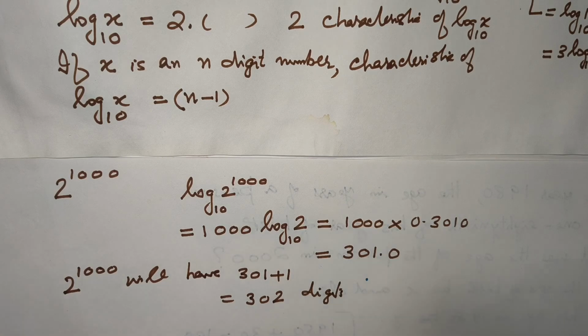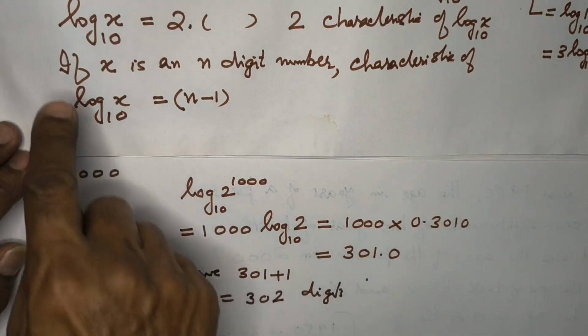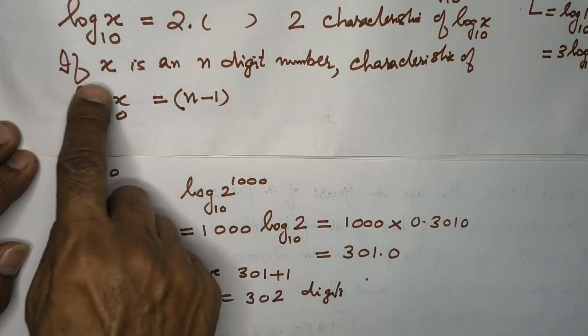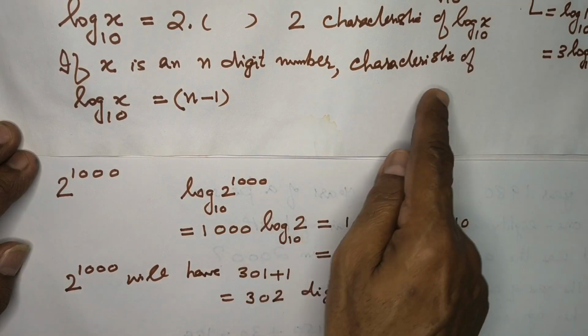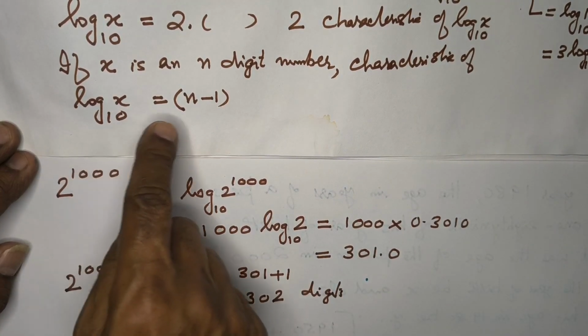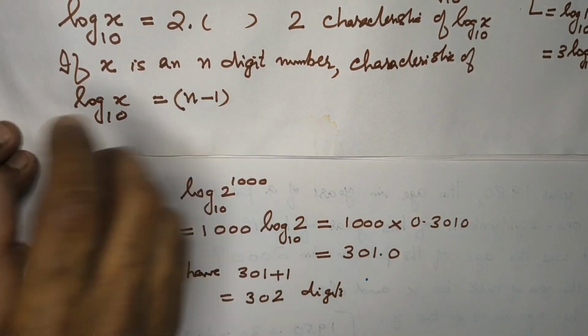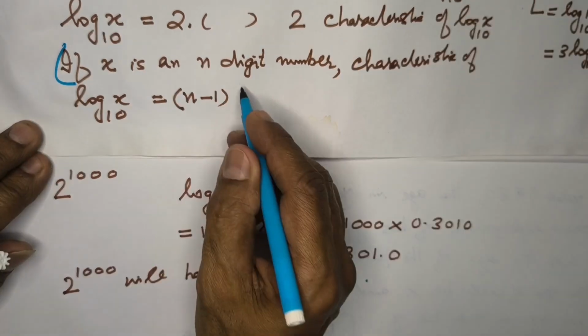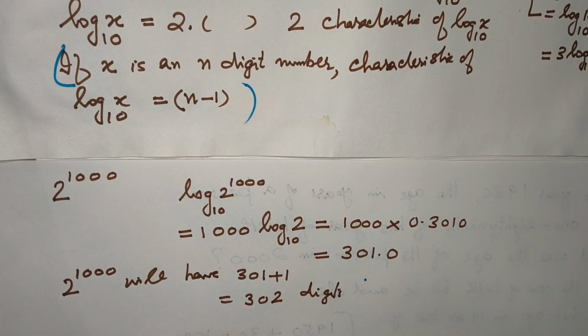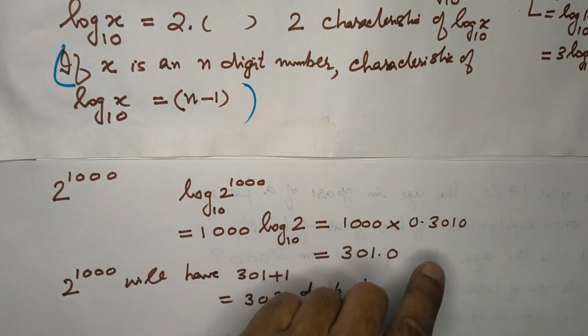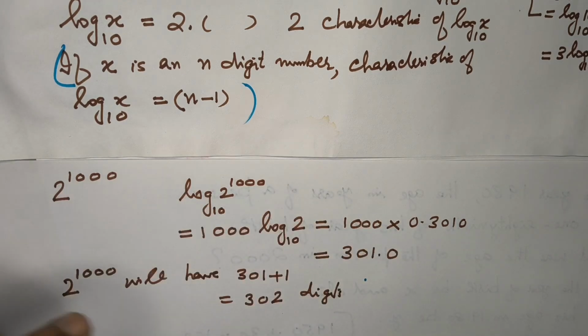So all you need to know to solve this problem is this result. If x is an n-digit number, characteristic of log x to the base 10 is n minus 1. That's all you need to know for answering this question. And all the time you need is the time for mere simplification of this simple calculation, which you can easily do. Maybe you won't take even 1 minute.